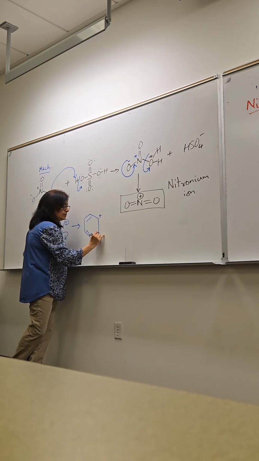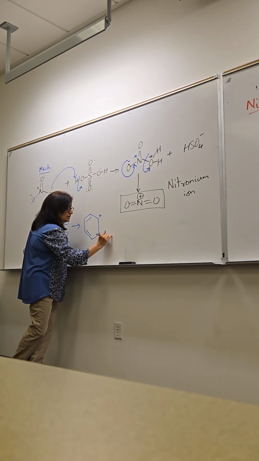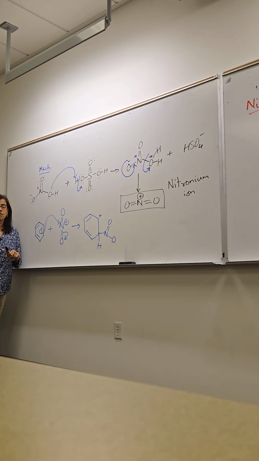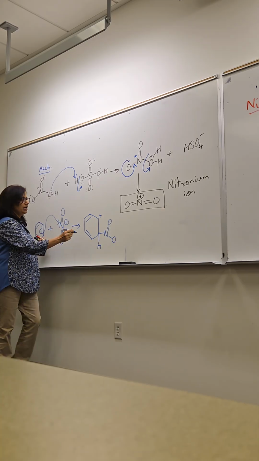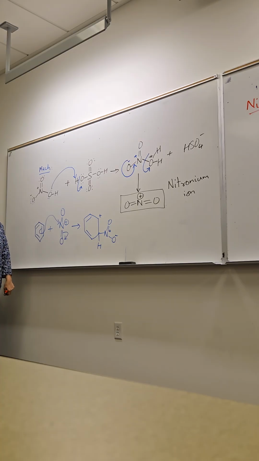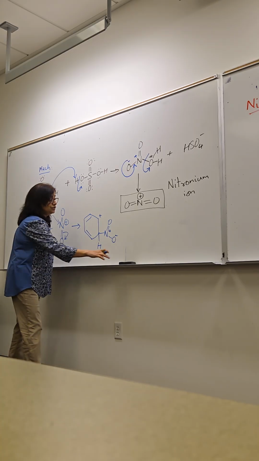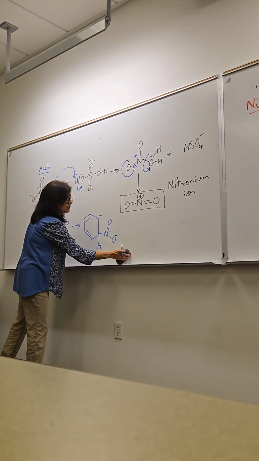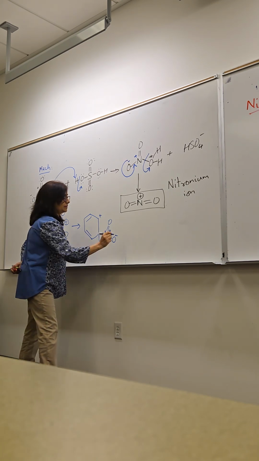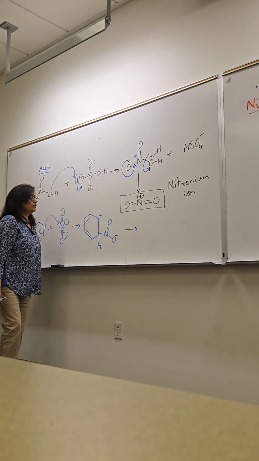Yes. Yesterday. Sigma complex. On Monday. Sorry, I missed my charges. And what does the sigma complex need to do in order to become the product? Give away a proton.